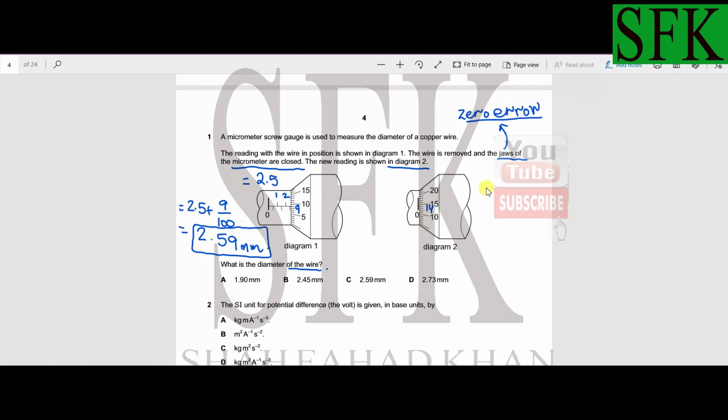This tells us the zero error is 0 plus 14 upon 100, so there is a zero error of 0.14 millimeters. Now, to get the correct value, we subtract the zero error from our measured value, which turns out to be 2.45. So answer option B is correct.